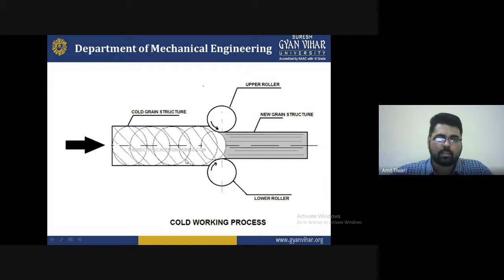When you apply a particular force on the roller, which runs at a certain RPM, force is applied on the material from the upper and lower parts, so upper and lower stresses act on the material.